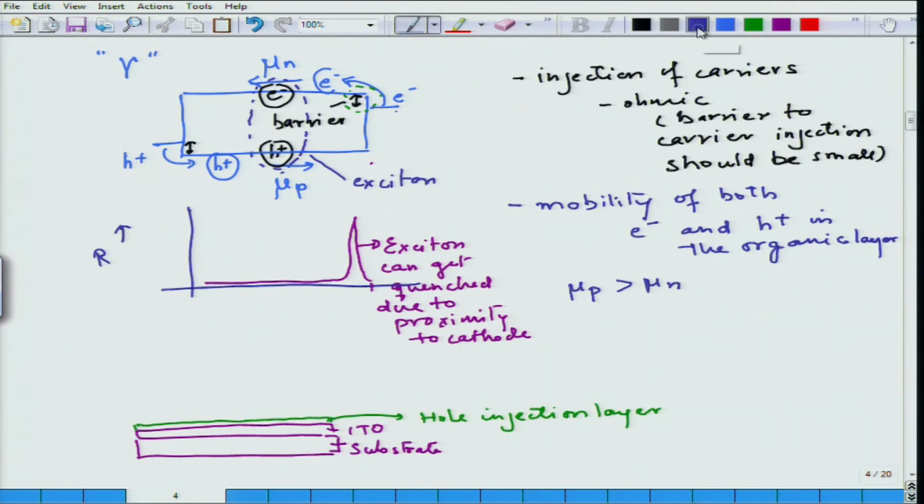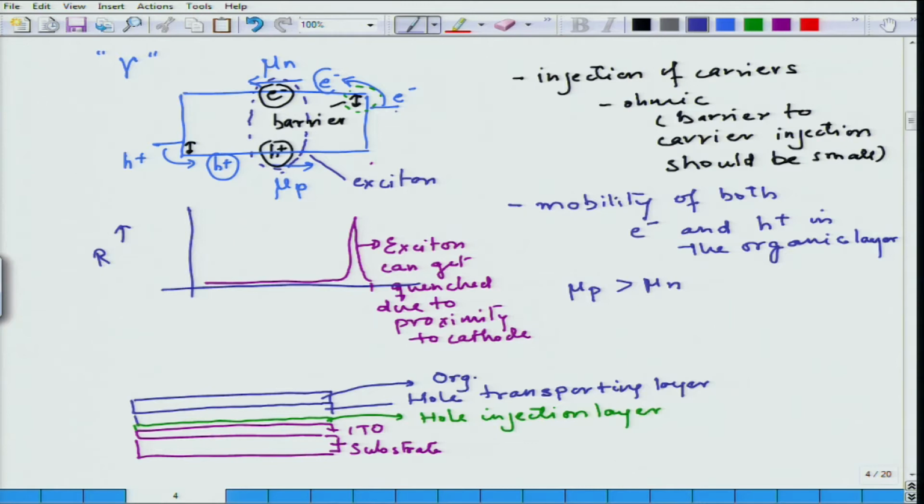And then it is also possible for me to add another layer on top of it, which is known as the hole transporting layer. Then I have my organic emissive material, and I use certain acronyms here.